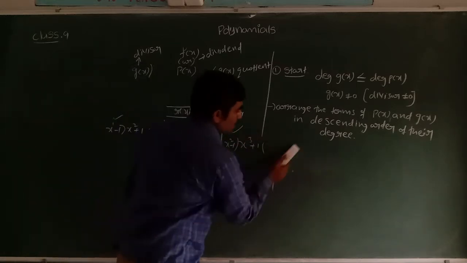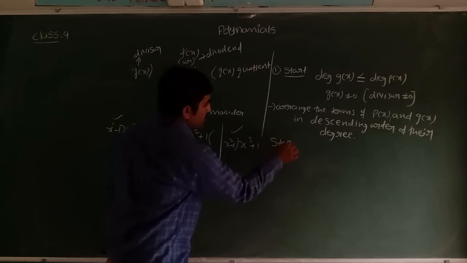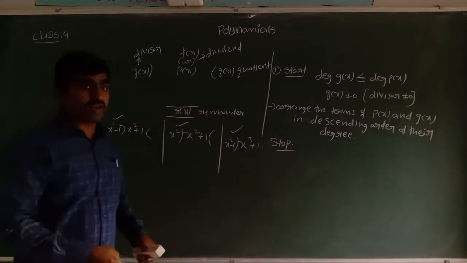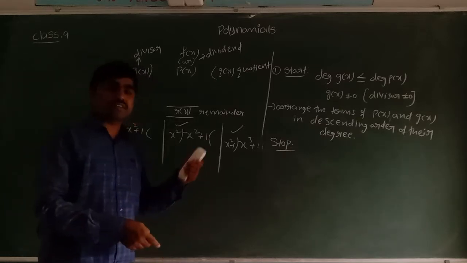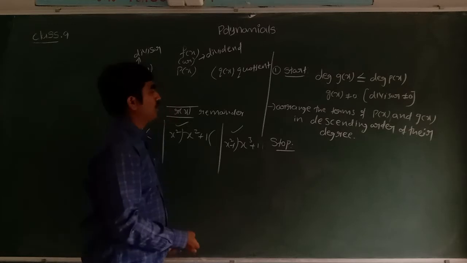Then when do we have to stop the long division? Just now we observed numerically also, the remainder value is either 0 or it is less than the divisor. Here it is the same for division of polynomials also.